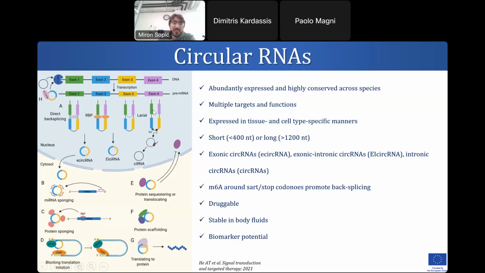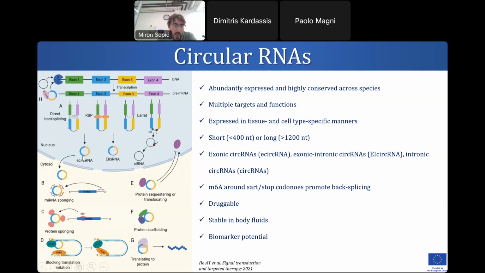And sometimes it is the lariat form that is formed during the splicing of the introns. In any case, what actually happens here is a promotion of connection between the beginning and the end of this structure, and that is called back splicing.